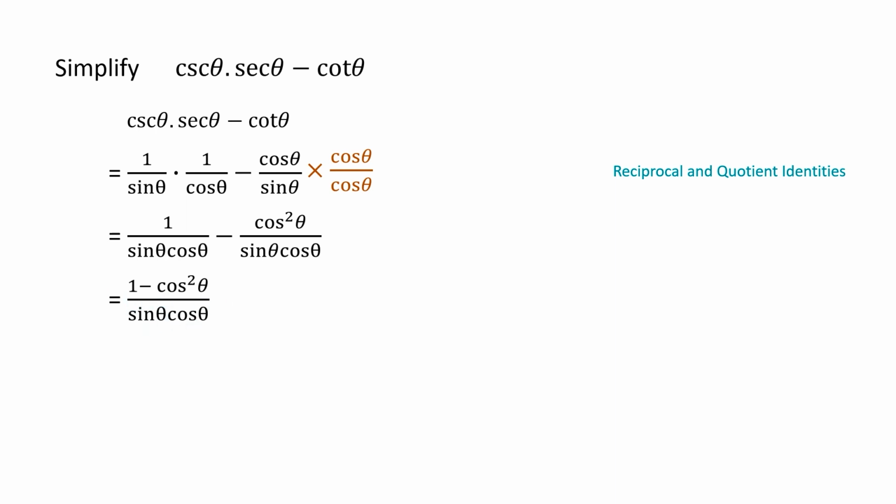Now, if you are able to recall the Pythagorean identity, we know 1 minus cos square theta, this part of the fraction, can be written as sine square theta. The denominator, sine theta cos theta, remains the same. Now finally, we can see that we have sine theta both in the numerator and in the denominator. Let's simplify this.